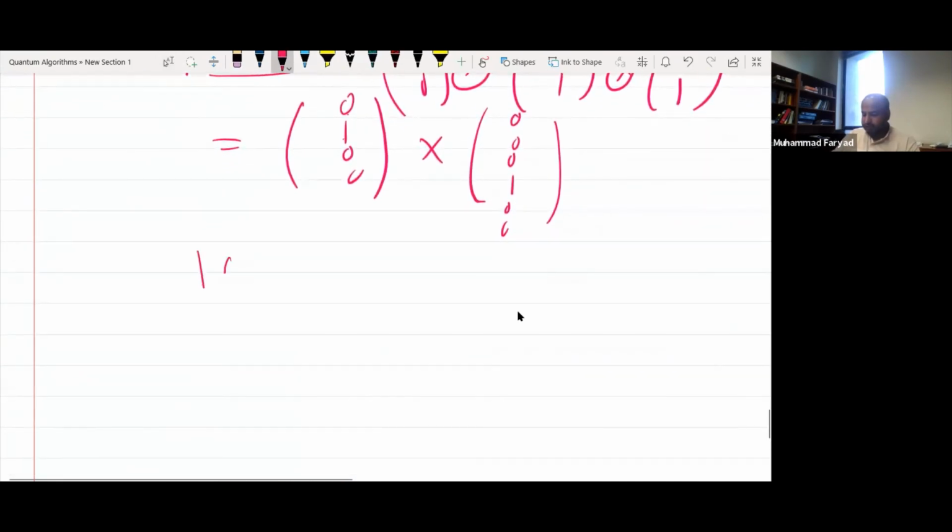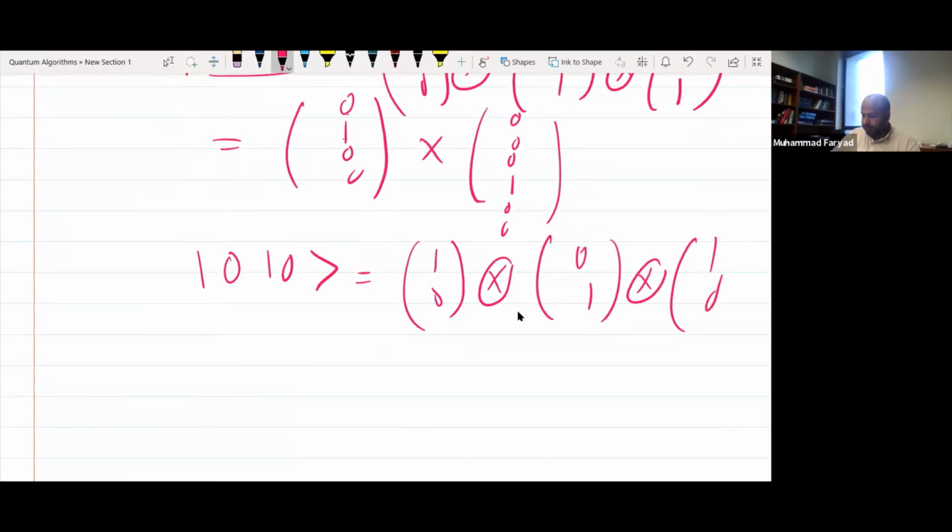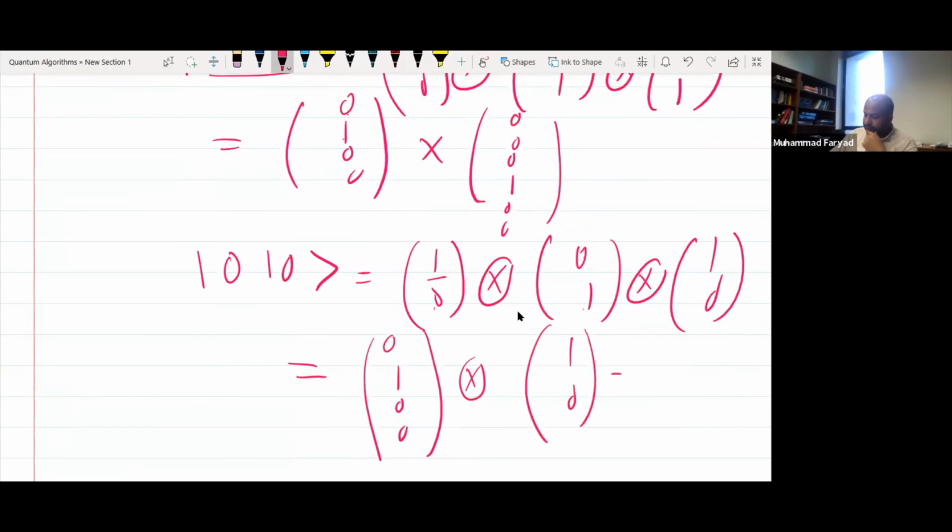So let's work out this one. 0 1 0. This is 1 0 0 1 1 0. So 1 into 0 1, 0 into 0 1, 1 into 0.